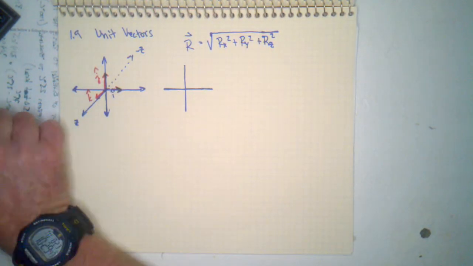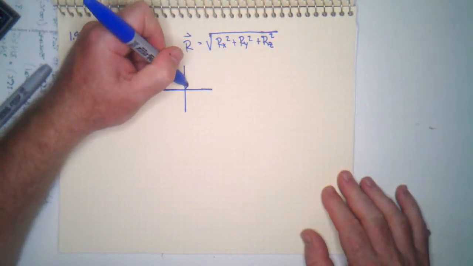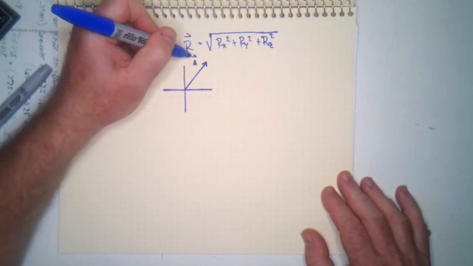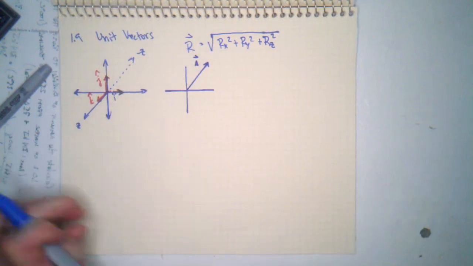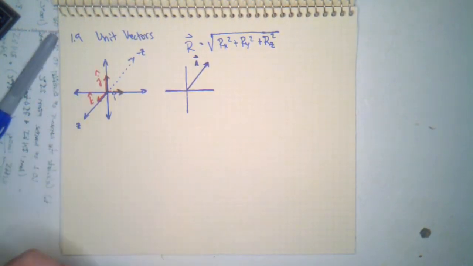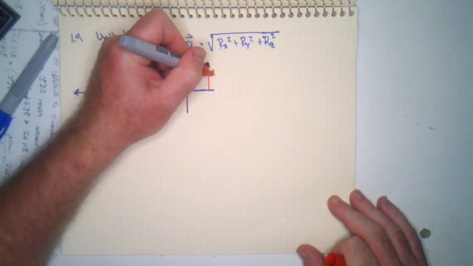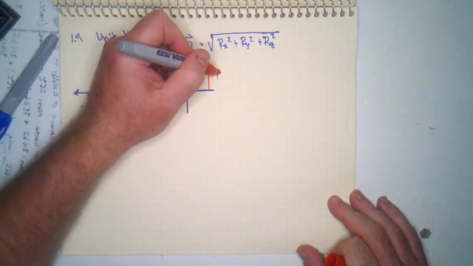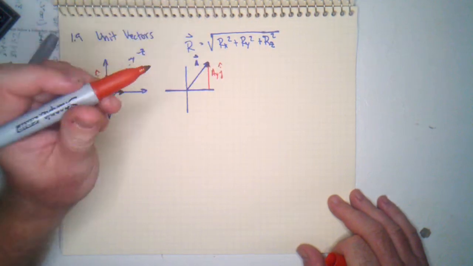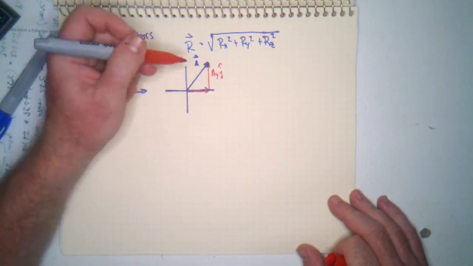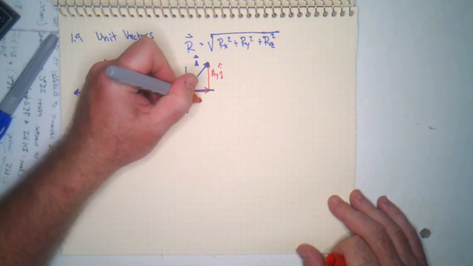So if we have vector A, for instance, we have a y component that we call Ay j hat. We also have an x component we call Ax i hat.